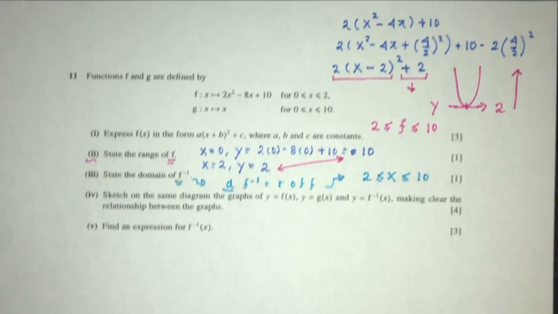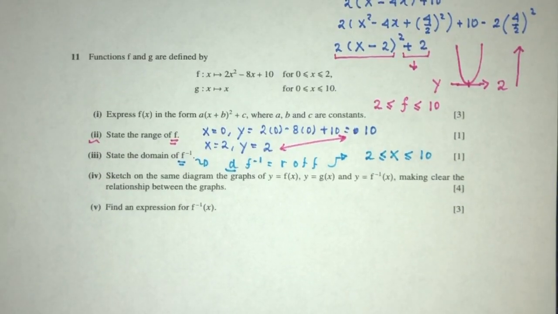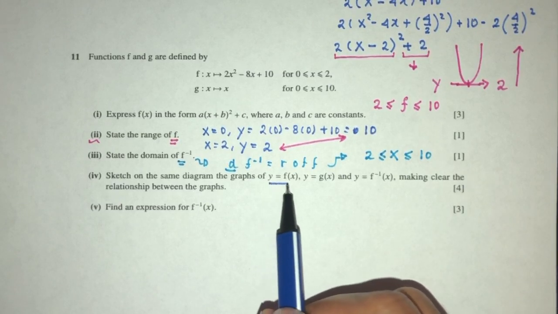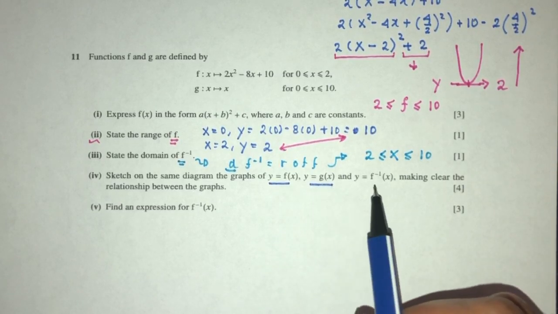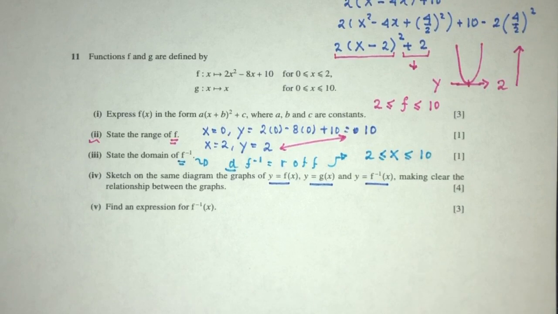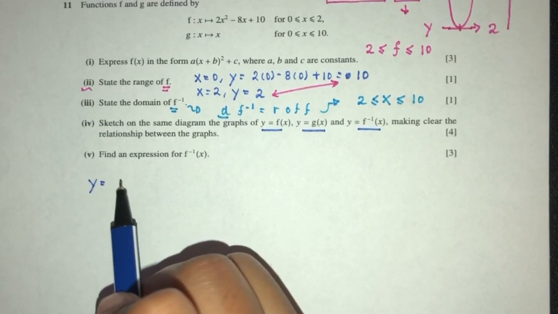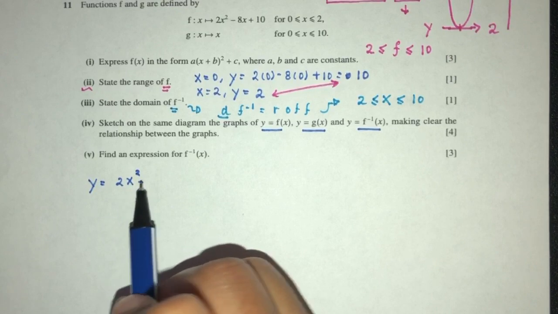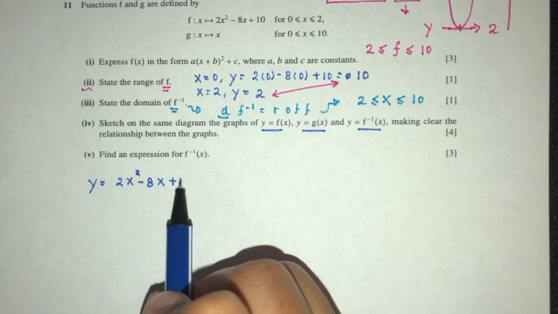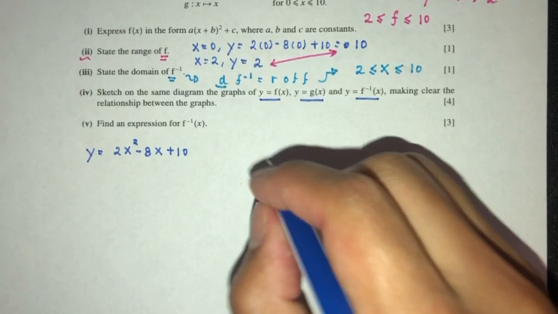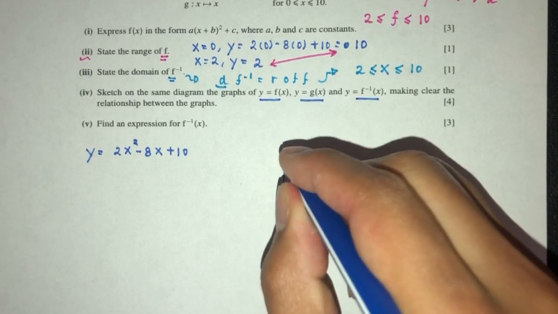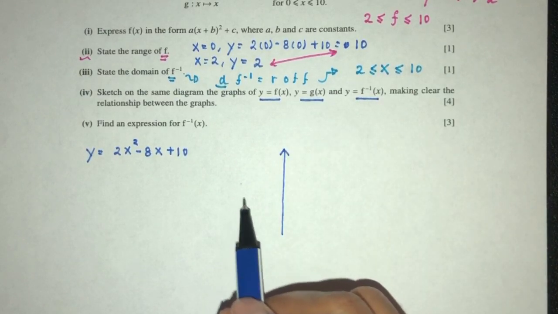Now for part 4, sketch on the same diagram the graph of this, the graph of this, and the graph of this. So pretty easy. At first we have y equal to f of x is 2x squared minus 8x plus 10. Now we have the y-axis and the x-axis.